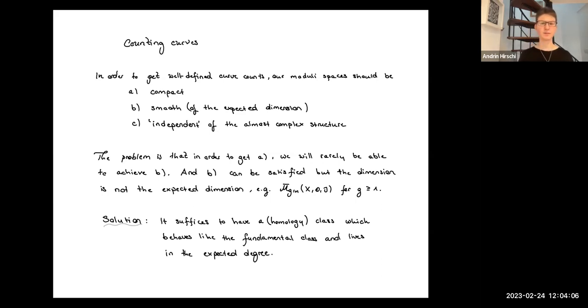So the problem of A has been solved by Kontsevich 30 years ago. He introduced the notion of a stable map, and by Gromov compactness, the moduli space of stable maps representing a given homology class will be compact. So we're good with that. Now the problem is that in order to get A, we will rarely be able to achieve B, for essentially two reasons. One reason is that stable maps might have slightly singular domains.